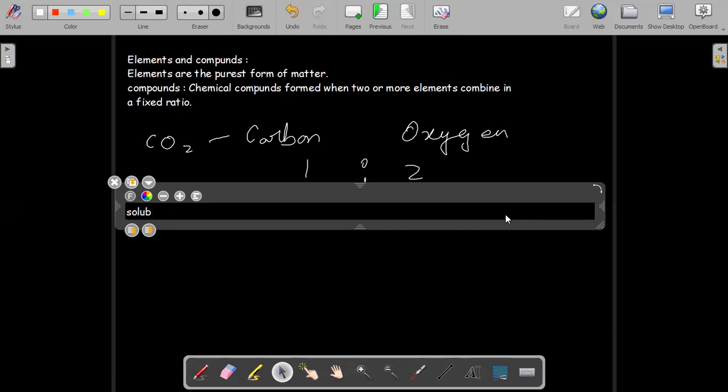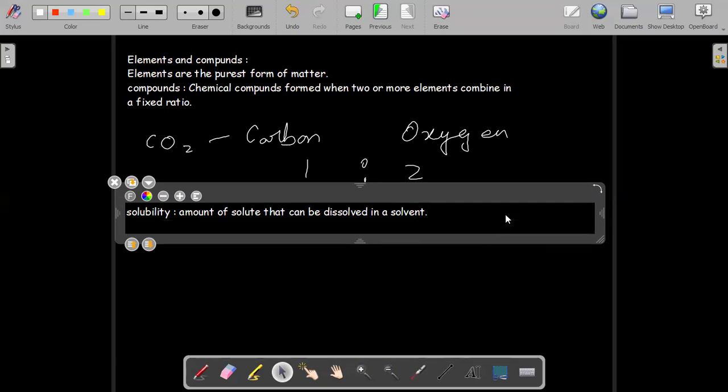Solubility is the amount of solute which can be dissolved in a solvent. How much quantity of the solute can be dissolved in a solvent represents the solubility. Generally for reference, we take about 100 ml or 1 liter.